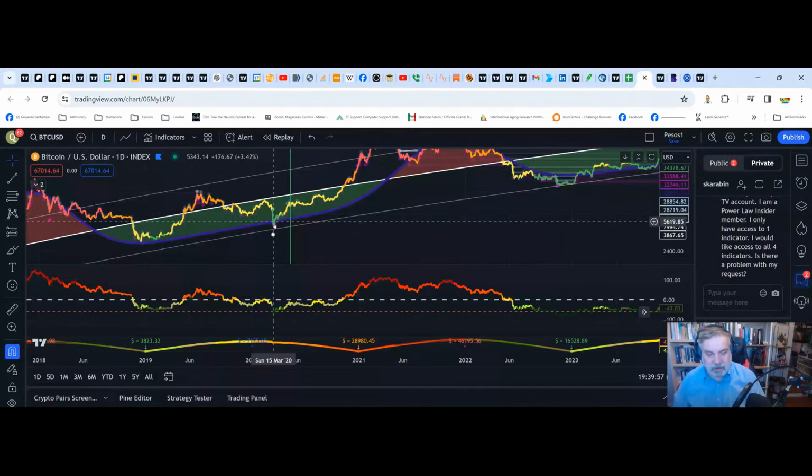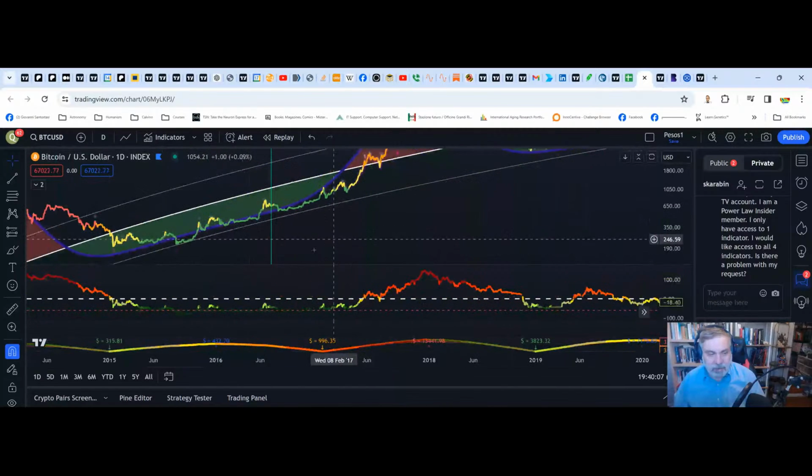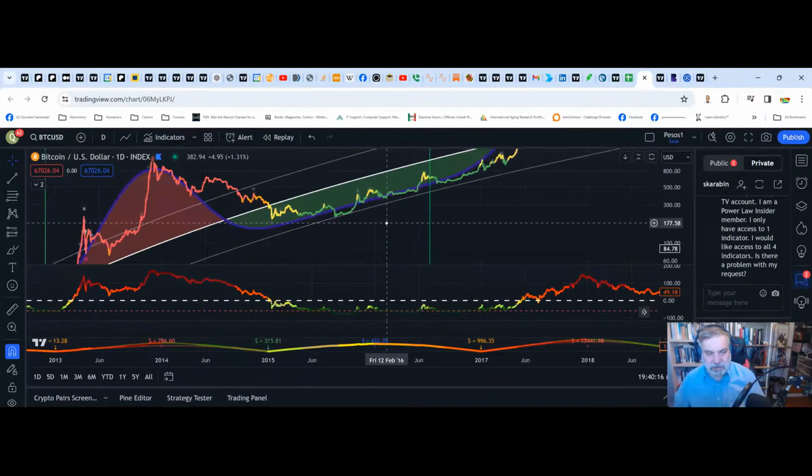And then it had a correction, but it didn't go below that 40%. So it seems to be a very powerful barrier that is never crossed, okay? And even here, for example, if you go back to the previous cycle, again, that 40% was where the bottom was. You see how consistent this is.